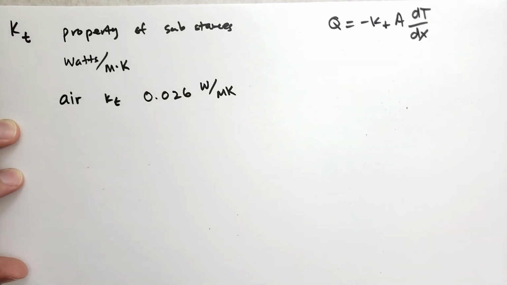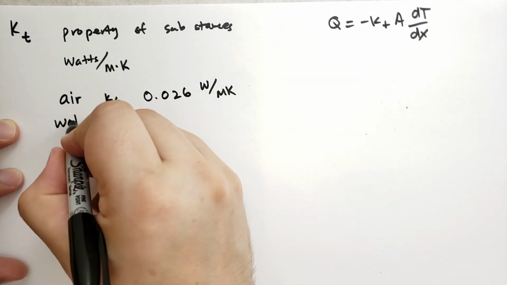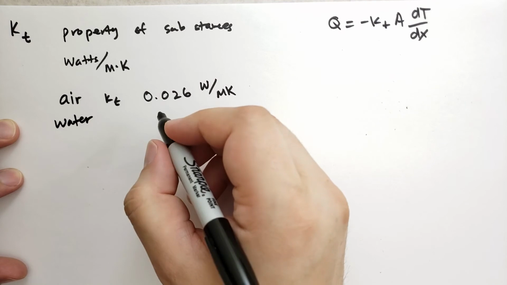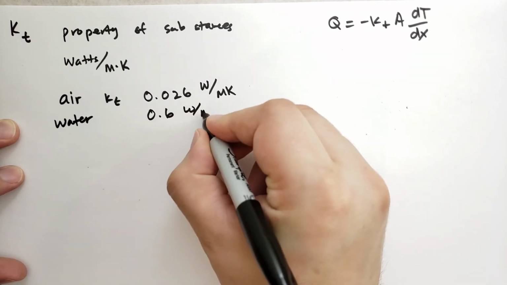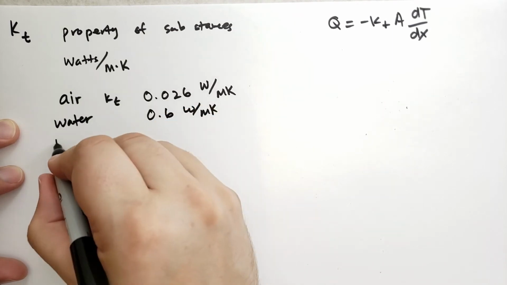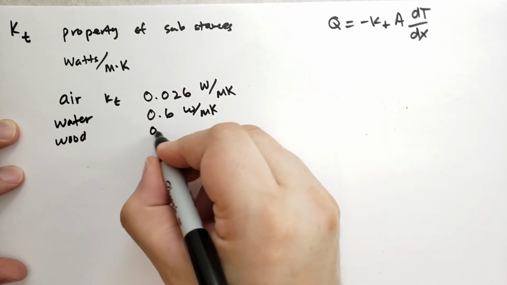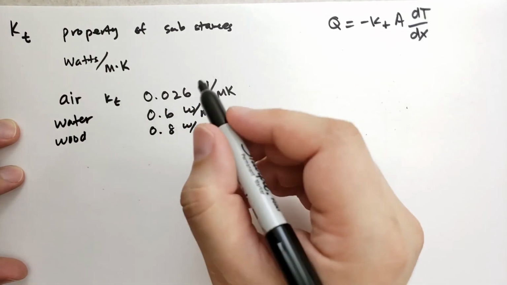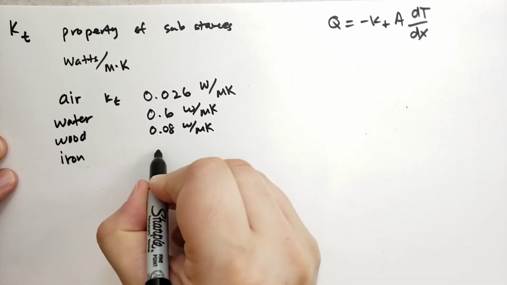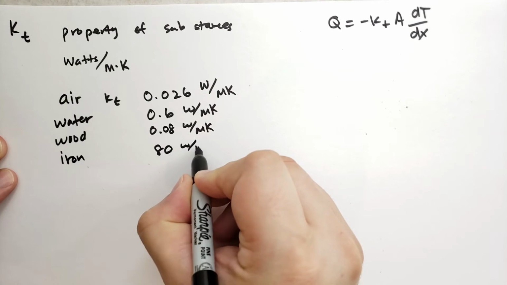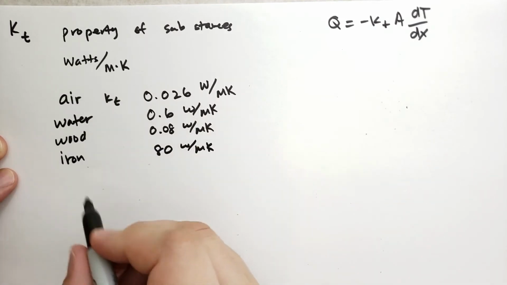Water has a K_T of 0.6. Wood is 0.08. Iron is 80. And copper is 400.